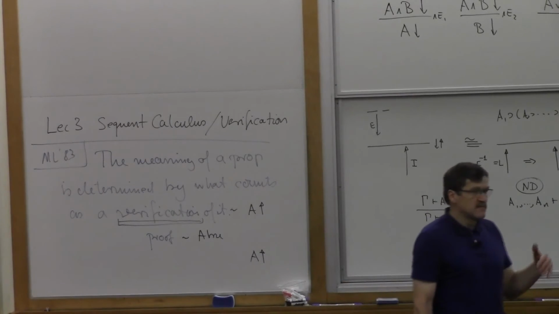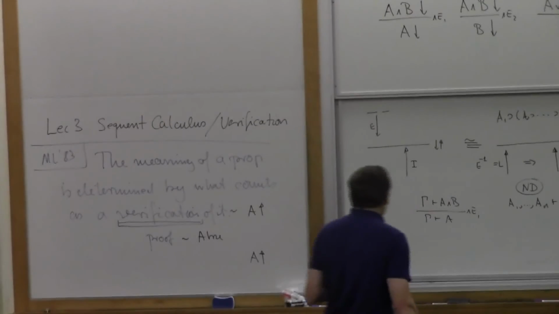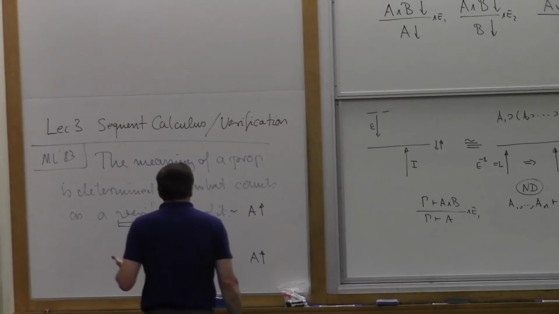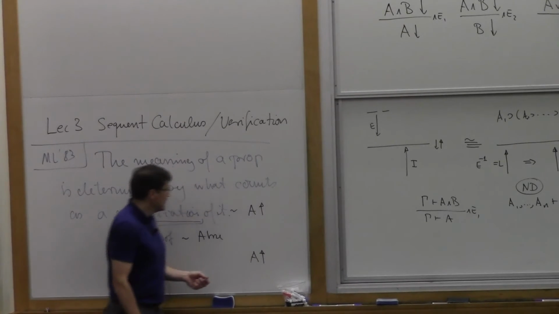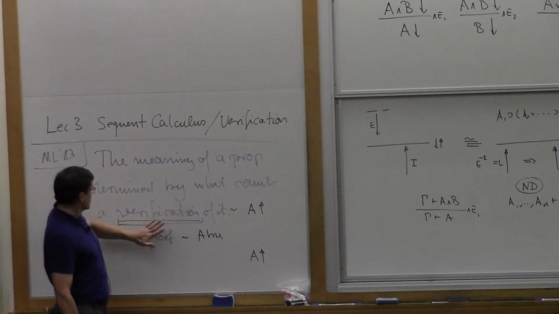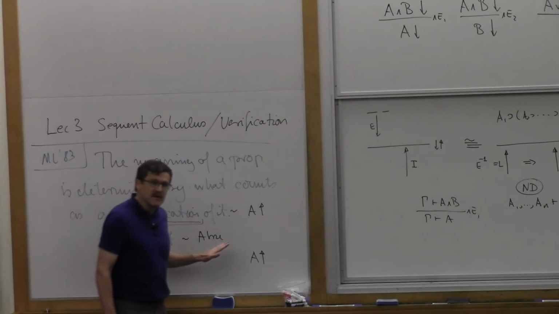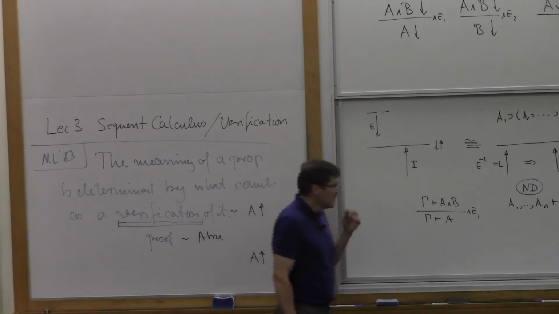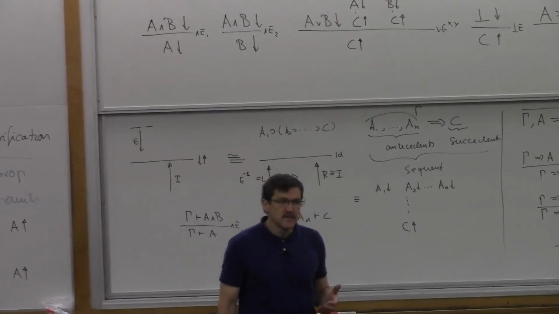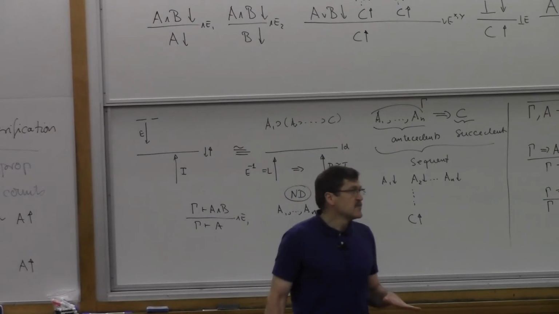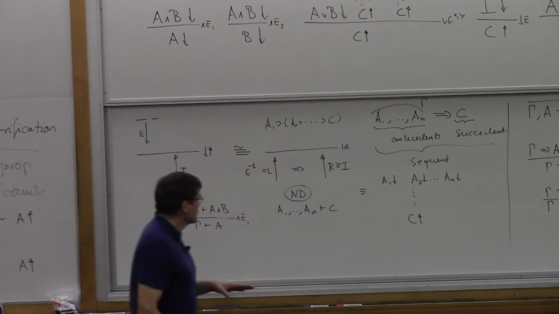There's nothing wrong with my proof system, because anything that's true according to the rules also has a verification. And so the meaning of a proposition is determined by the existence of a verification of it, which is a valid program, a good program. These will turn out to be the global analogs of the local soundness and completeness theorems. So I can't prove them today, but I can show you how to do it next time.